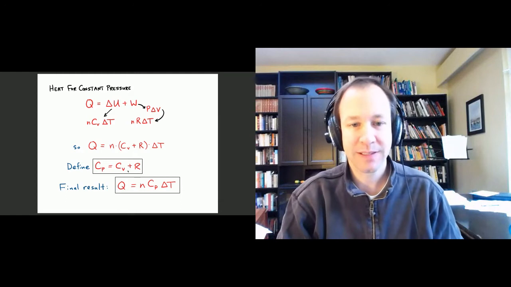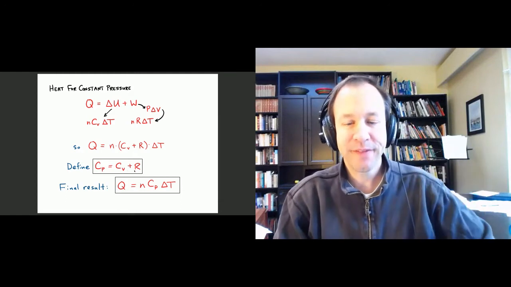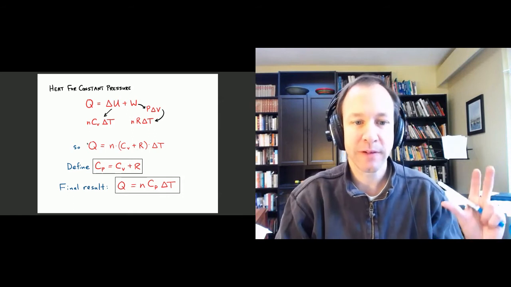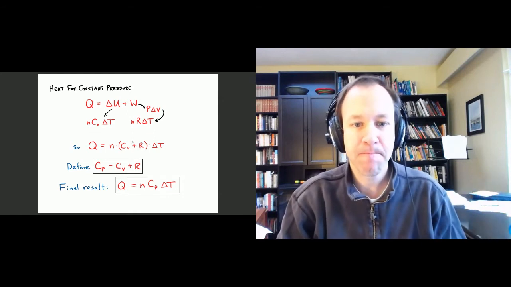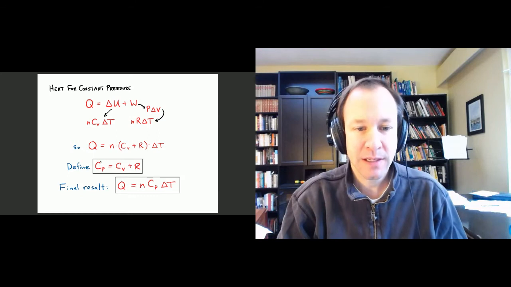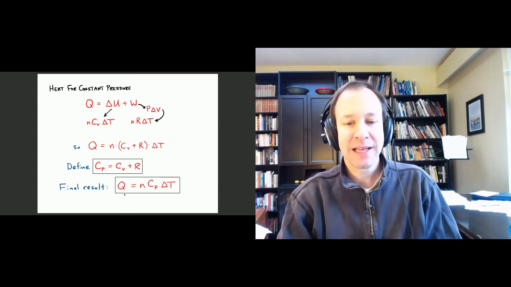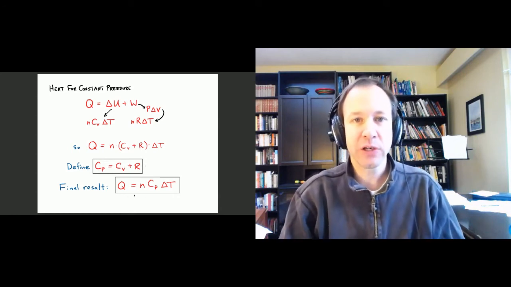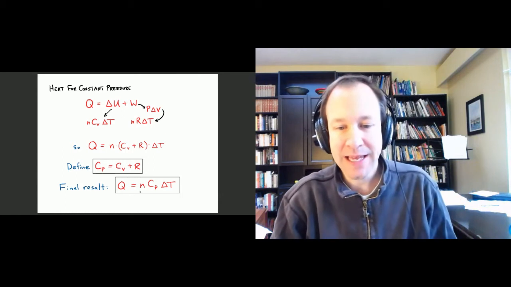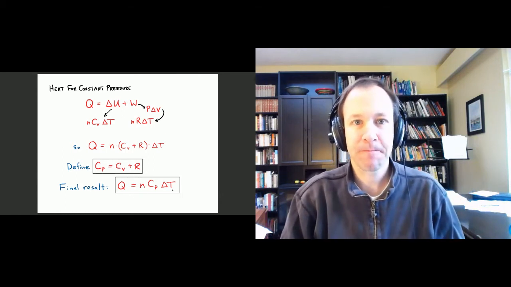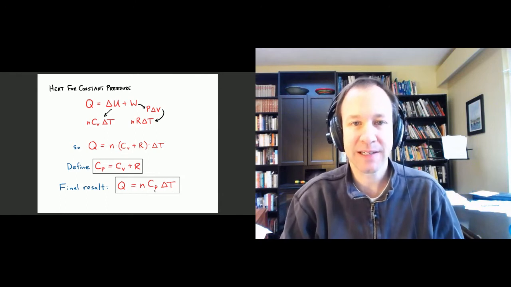Okay, so this is just a convenient definition because this combination of things appears in the formula for Q at constant pressure. Then you just give it a name, CP equals CV plus R. And so once you have that, then we can write the formula for Q at constant pressure as n times CP times delta T. Okay, so this is the specific heat at constant pressure.